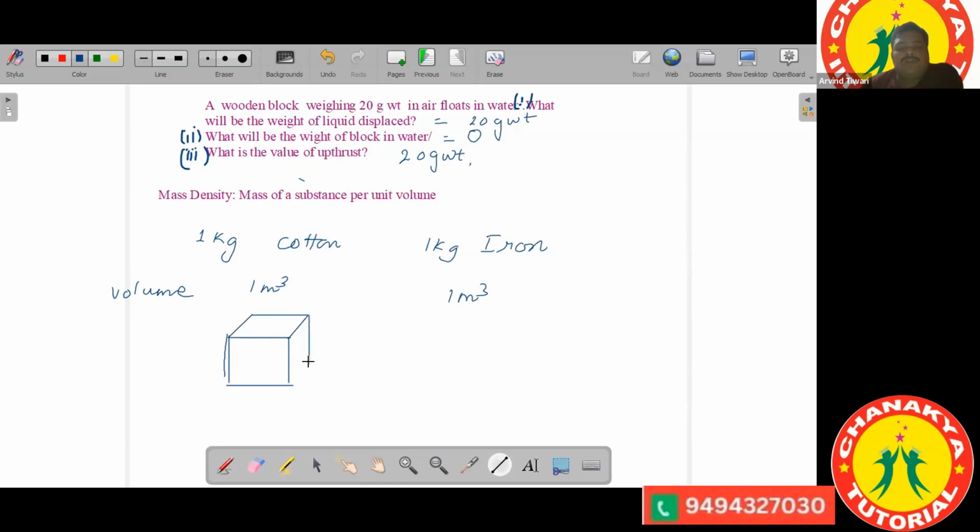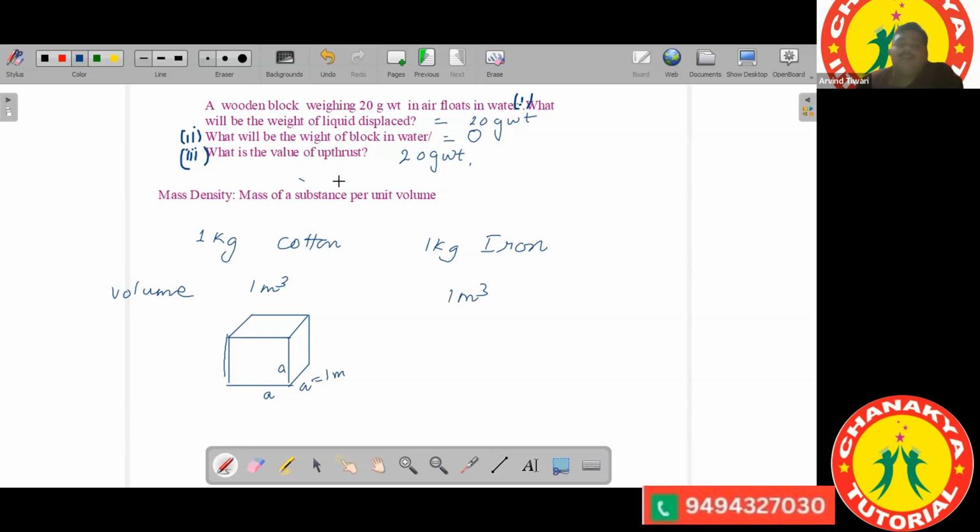The volume of this cube, it has the side a. So whatever space this cube is occupying, or whatever amount of liquid can be filled in this, or whatever amount of cotton can be filled in this, that volume is equivalent to 1 meter cube. If each side is 1 meter, its volume is 1 meter cube.